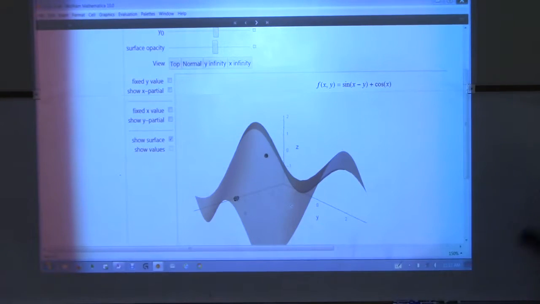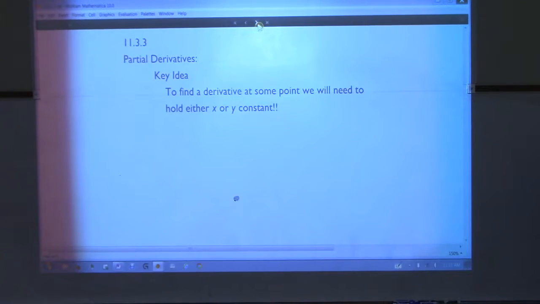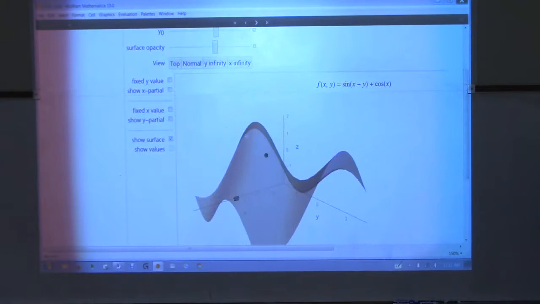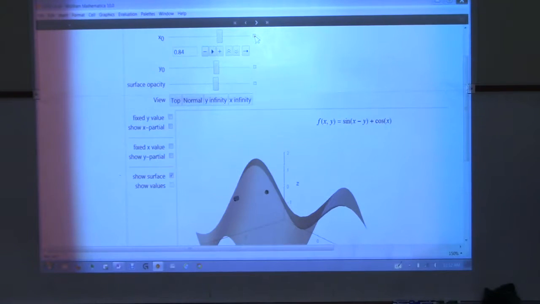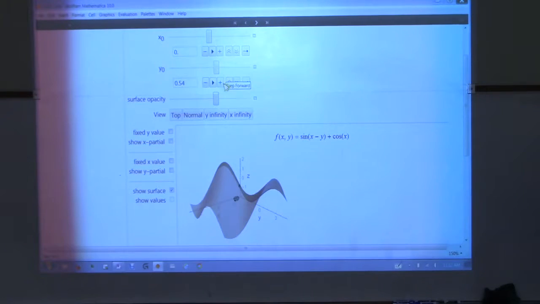All right, let me see what I say next here. So going back here, let's do this. Check my x and y coordinates here. Let me move my x coordinate to 0, and let me move my y coordinate.